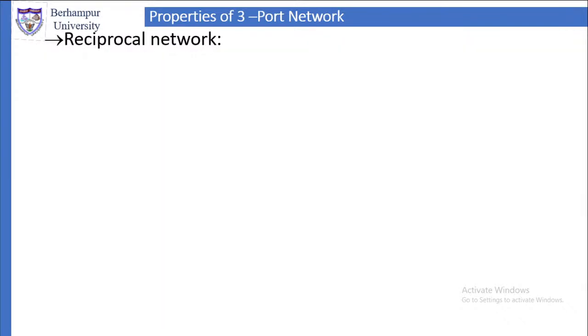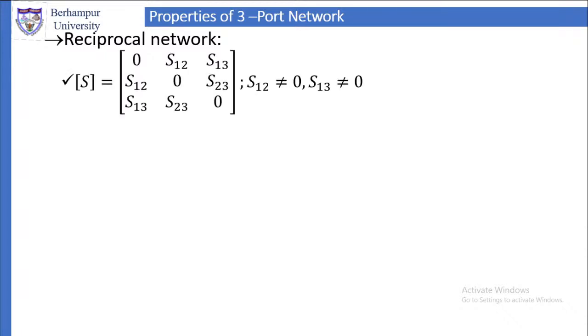So the diagonal elements will be 0. Now if it is a reciprocal network, then S12 will be S21, S13 will be S31 and S23 will be S32.